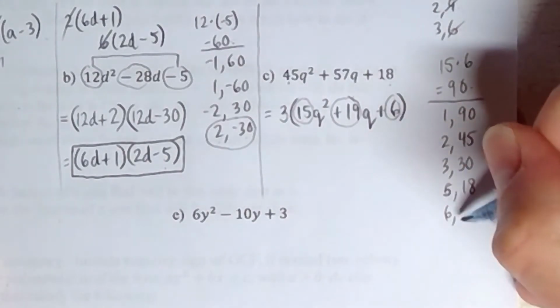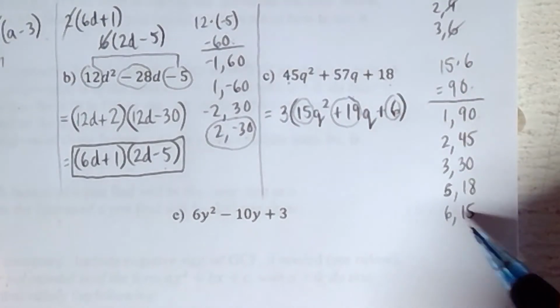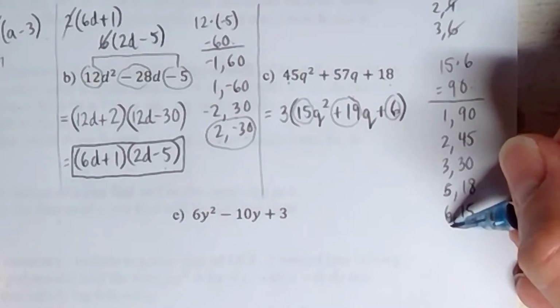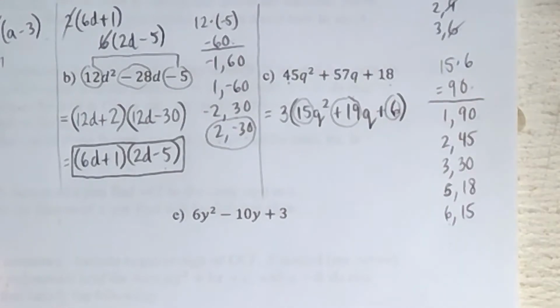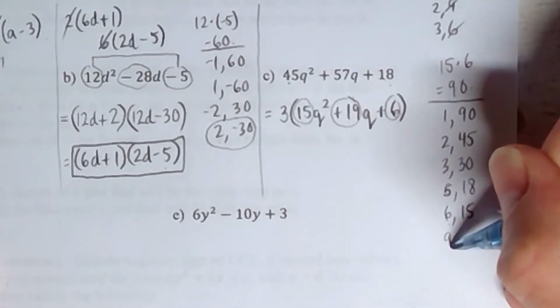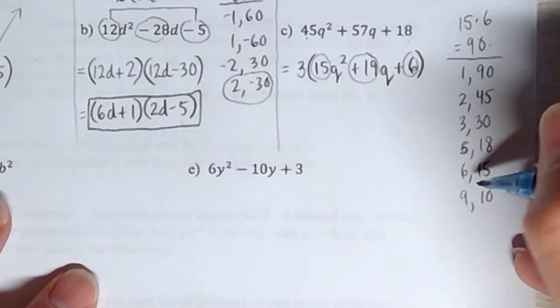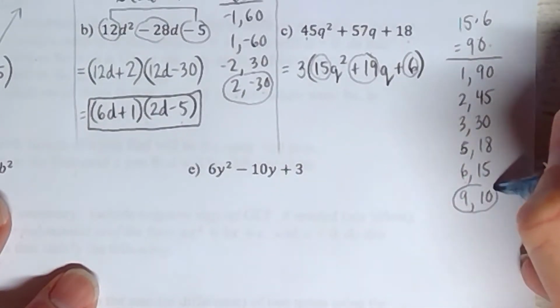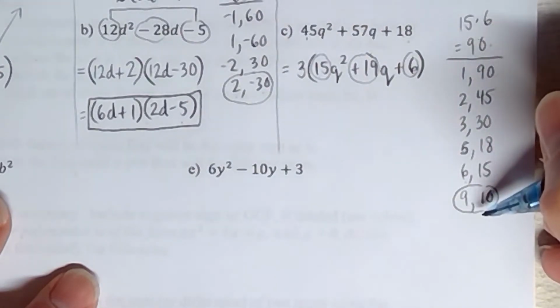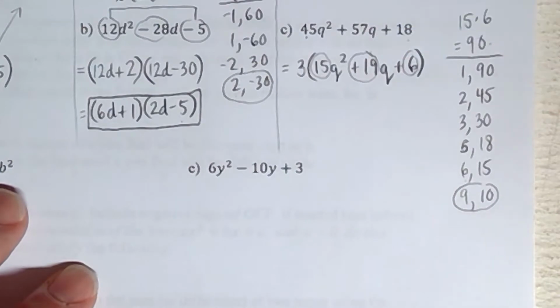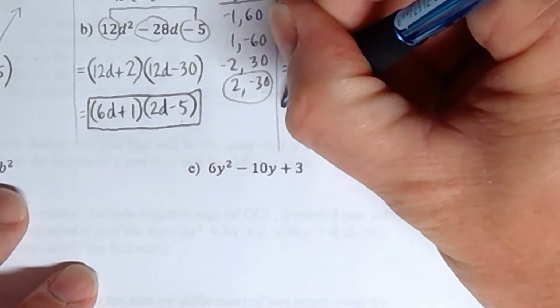We're getting closer though. 6 plus 15 is 21. 7 doesn't work. The next number would be 8. That doesn't work. But 9 pairs up with 10, doesn't it? Oh, hey, 9 plus 10 is 19, right? So again, we keep on going on this list until we find a pair that adds up to the middle. Now, here's what you do.